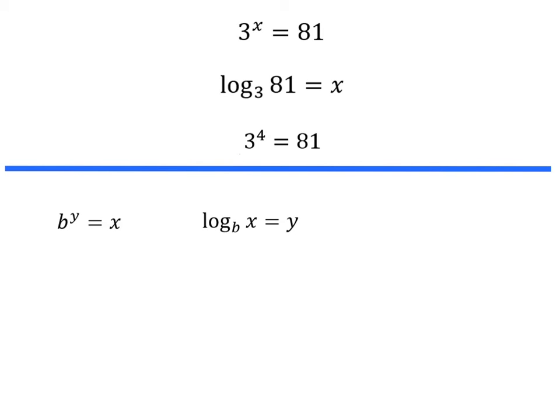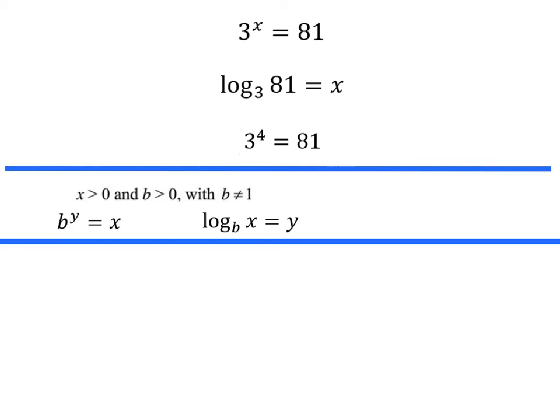Note that for both of these equations to make mathematical sense and to be interesting mathematically, b and x must be positive non-zero numbers, and b shouldn't equal 1. With this restriction in place, note that x, b, and y could take on many forms. They could be in fraction form, or they could be an algebraic expression like 3x plus 1, for example.